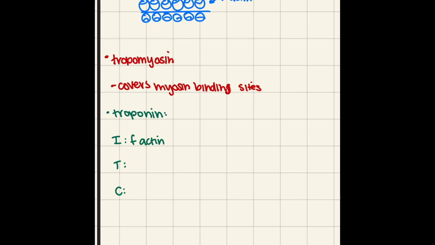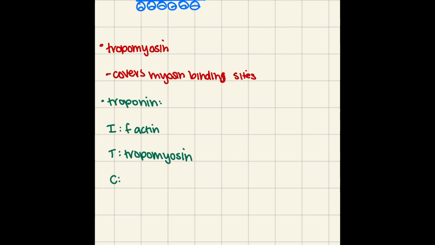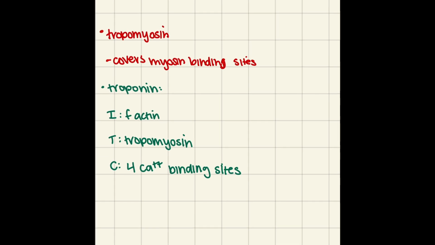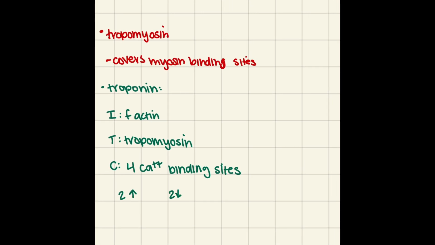T troponin has a high affinity for tropomyosin. And C-troponin has 4 calcium binding sites. These calcium binding sites, there are 2 that are high affinity and 2 that are low affinity.